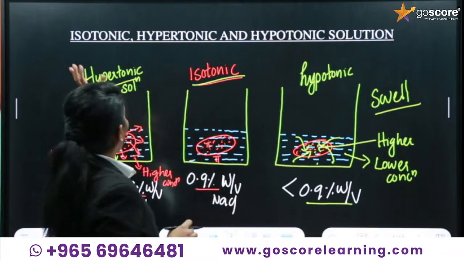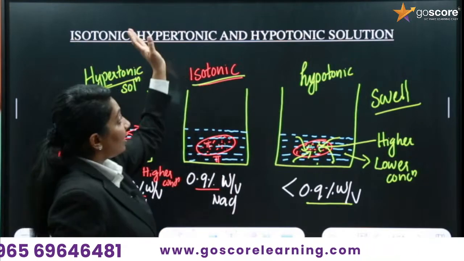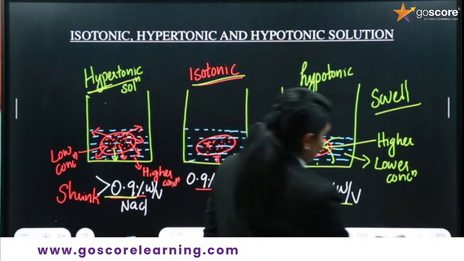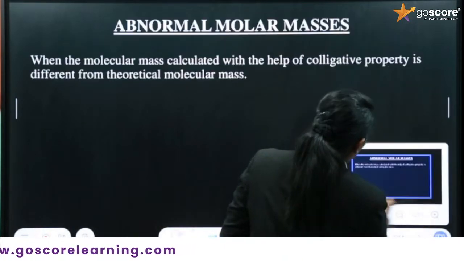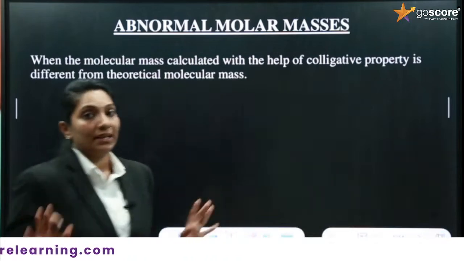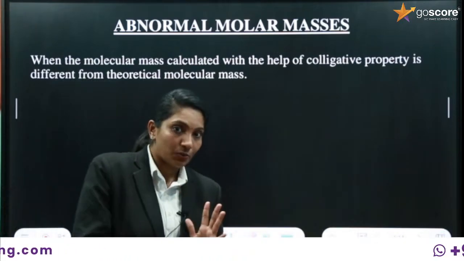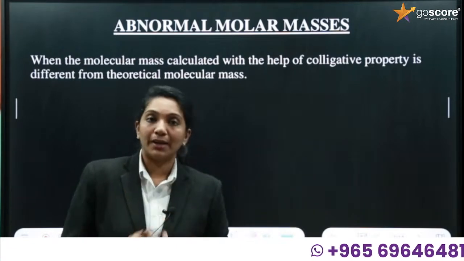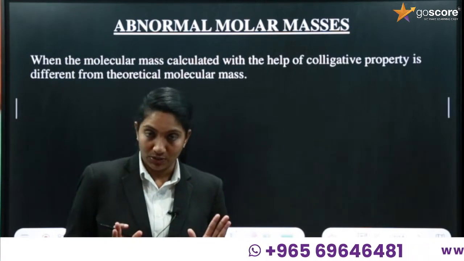I hope isotonic, hypertonic and hypotonic solutions are clear for you, right? Now let's see the next term. With that, we finish osmotic pressure, reverse osmosis, isotonic, hypertonic and hypotonic solutions.